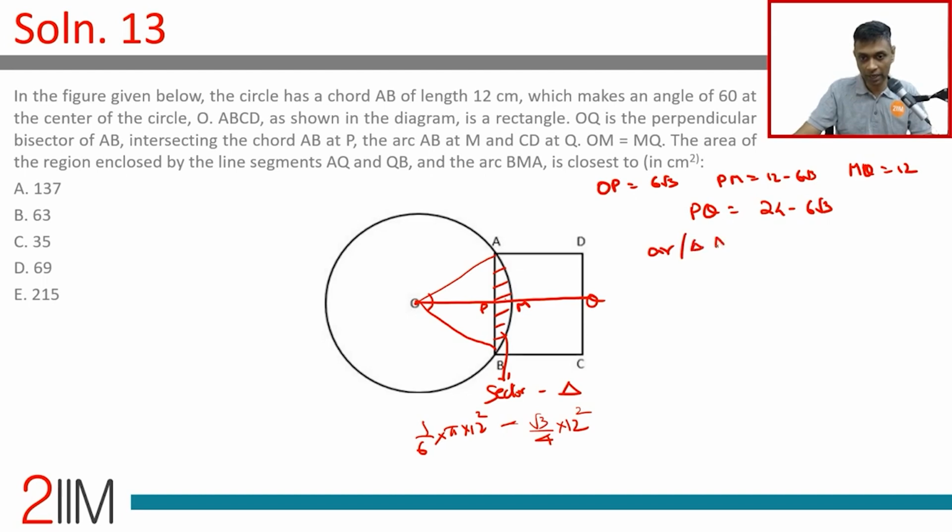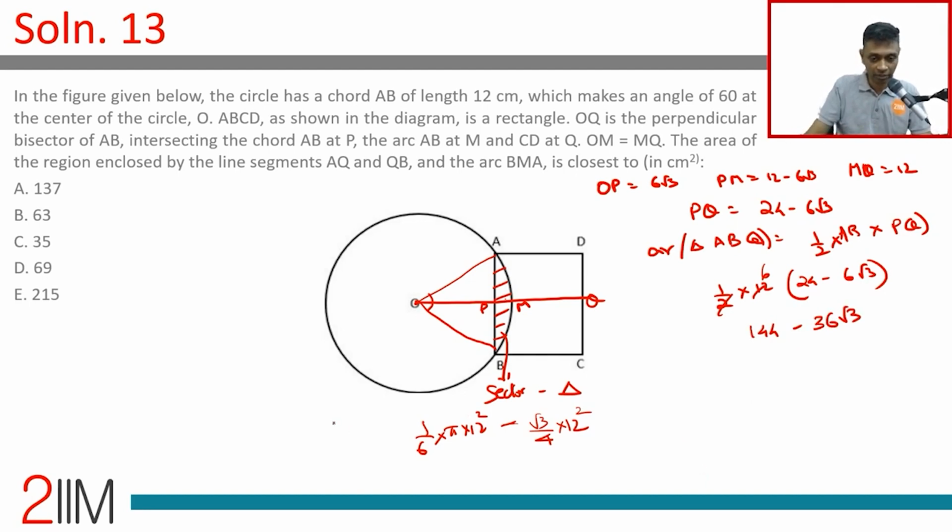Area of triangle ABQ equals half into AB into PQ, which is half into 12 into 24 minus 6 root 3, or 6 times 24 minus 6 root 3, which is 144 minus 36 root 3.